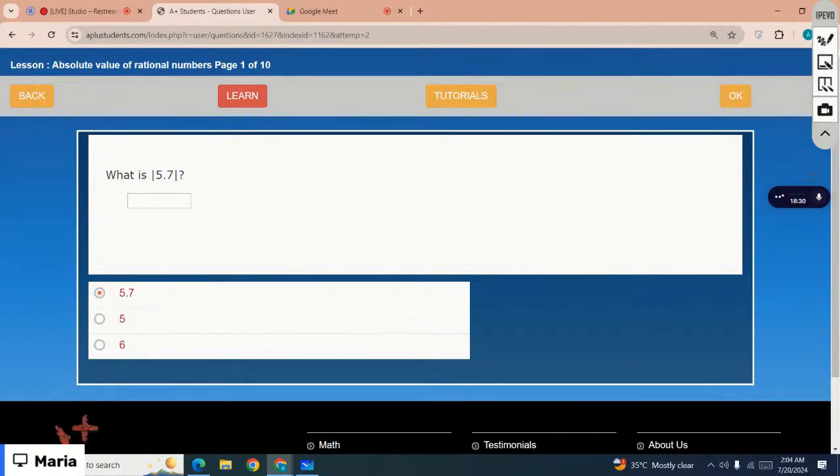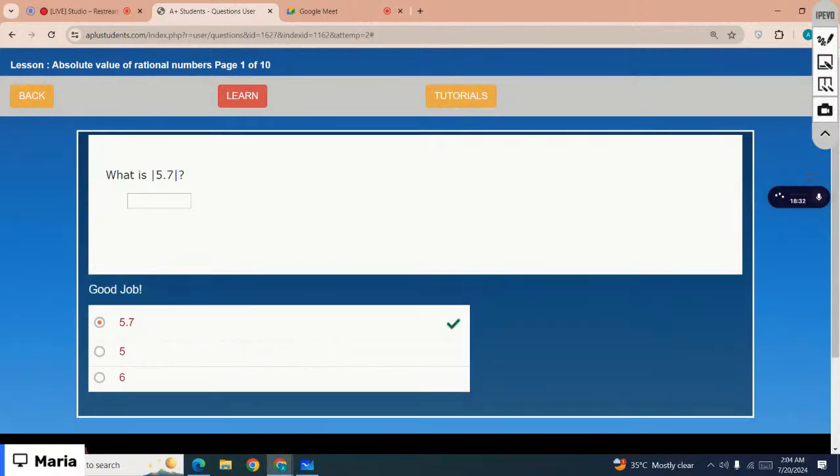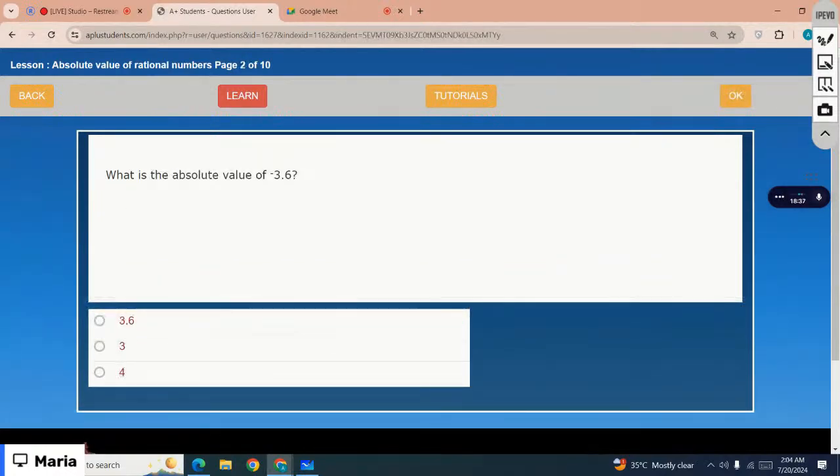So let's just move on to the next one. What is the absolute value of negative 3.6? Which is the correct option?